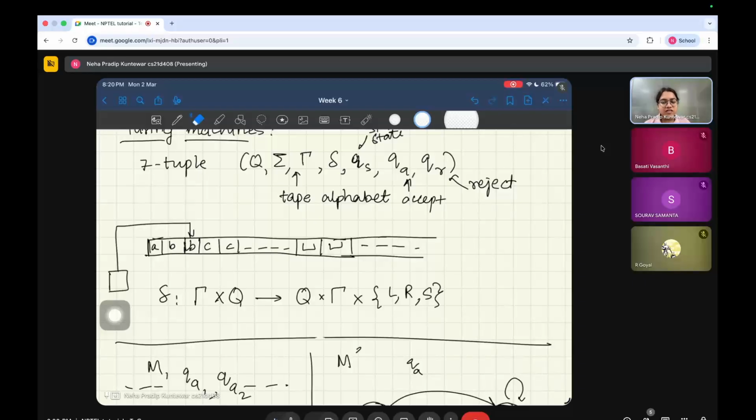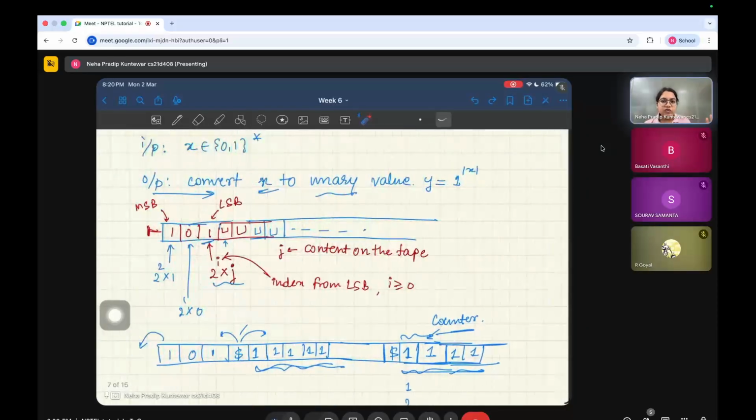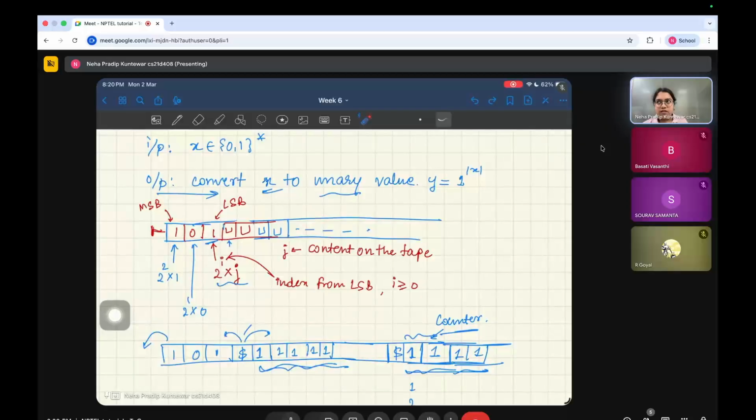So whenever we say a standard Turing machine model, this is what we mean: this is the tuple you have, and this is a tape you have where the left end is bounded and it is infinite to the right. We just fix it for the sake of convenience. Whenever you see a Turing machine, you can without loss of generality assume that this is the model.